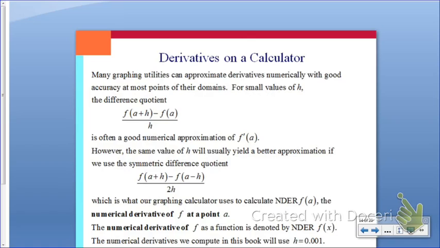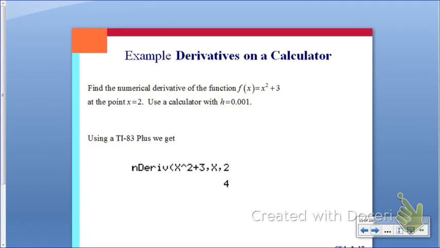Many graphing calculators can approximate derivatives numerically with good accuracy at most points of their domains. This is what we call a numerical derivative, or in most graphing calculators it's known as nderiv or NDER. Most graphing calculators now probably use the dy/dx or d/dx notation to figure out the numerical derivative.